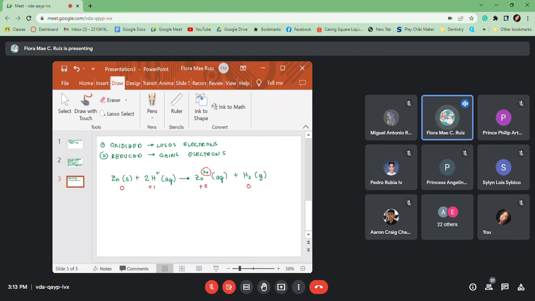Okay, so here, which is oxidized and which is reduced? We see that zinc loses 2 electrons. So from 0 to positive 2 charge, forming the zinc 2 plus ion. So we could say here that zinc is oxidized.